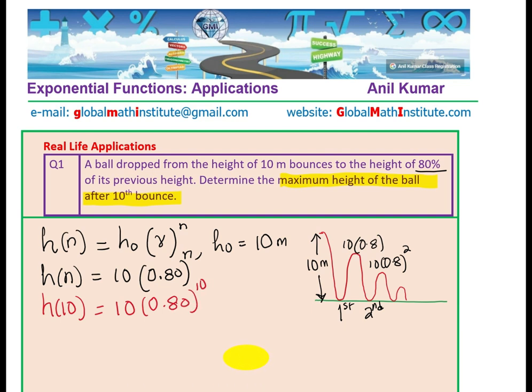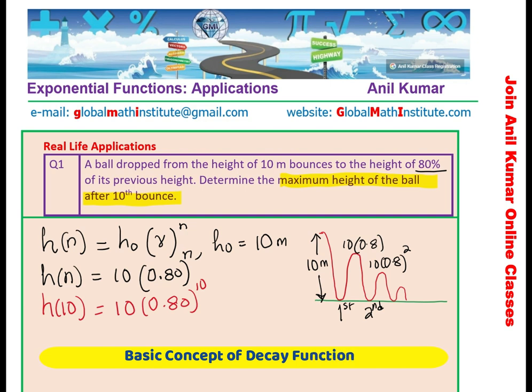Simple as that to begin with, but an excellent question for understanding the concept. So we are going to multiply 10 by 0.8 to the power of 10, and that gives us the answer 1.07.